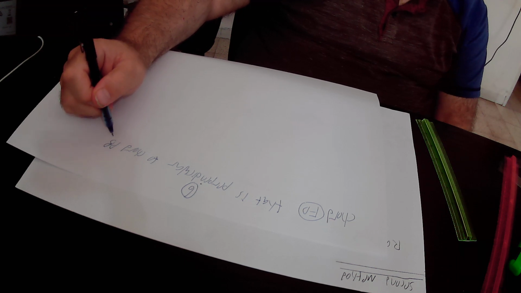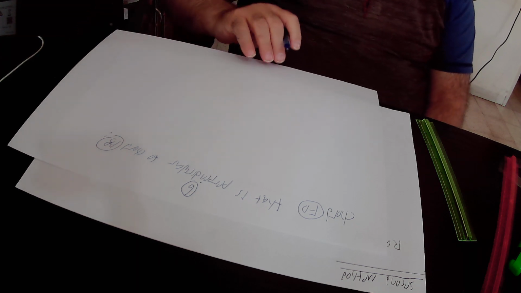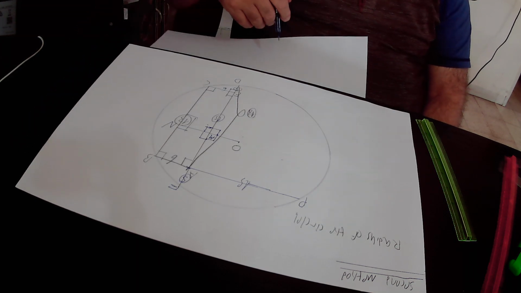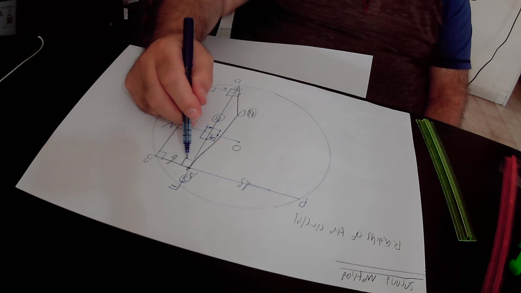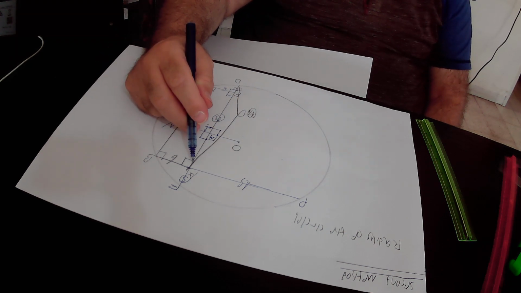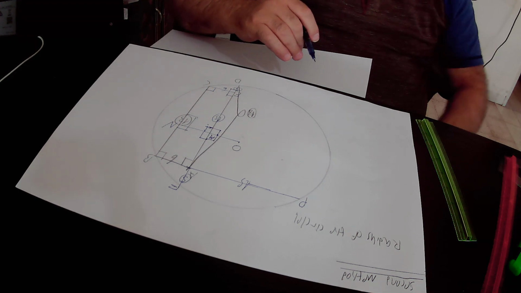Therefore, we can use here rule number 4. Here, the angle between them at the intersection point, that is to say point A, is 90 degrees. We can use the rule number 4.